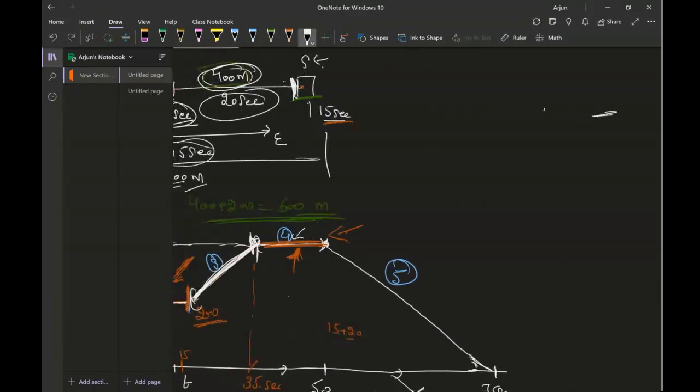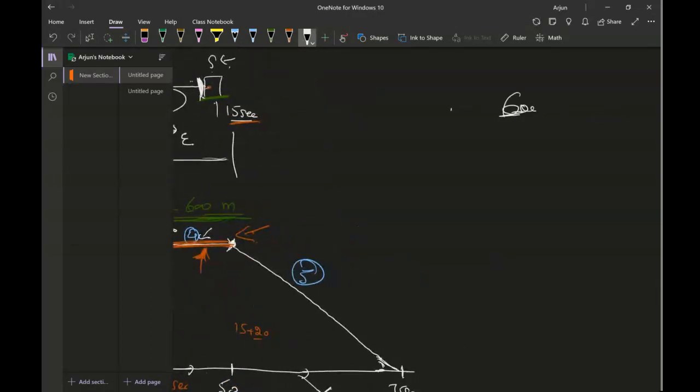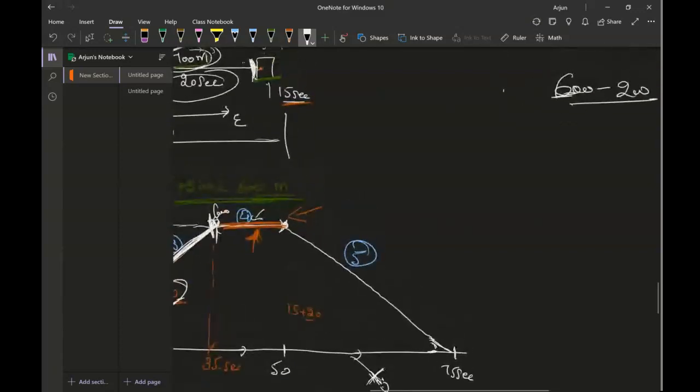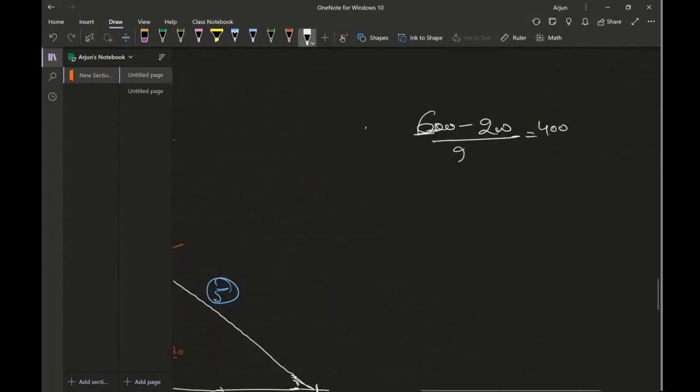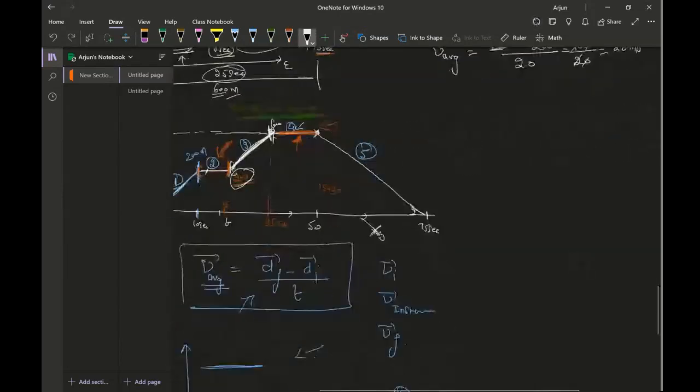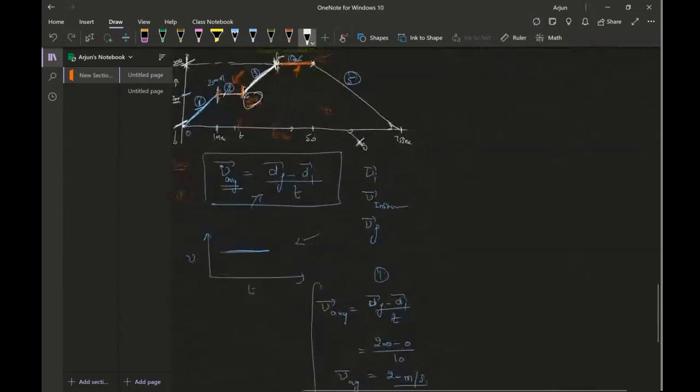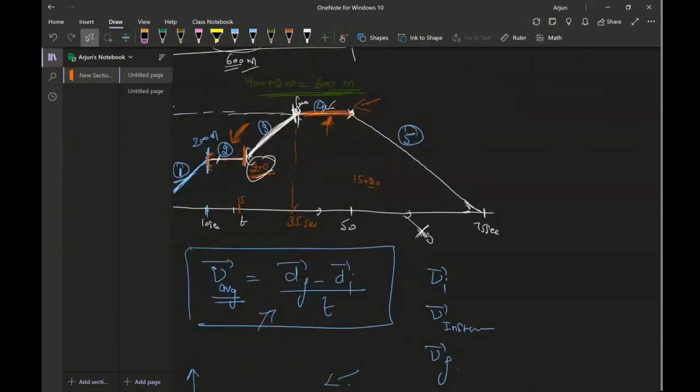I will mark this point as 600 and this is 200. So 600 minus 200 is equal to 400, divided by time, and the time he has taken is 20 seconds. So V average is equal to 400 divided by 20, which will be 20 meters per second. That is for section 3. Initially for section 1 it was the same, and section 3 is also 20 meters per second.